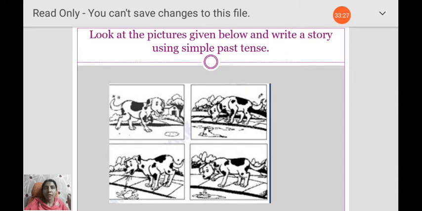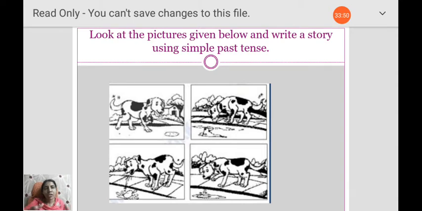I have given you the instruction that you need to write the story in simple past tense. Try to write the story in simple past tense. Take some time.